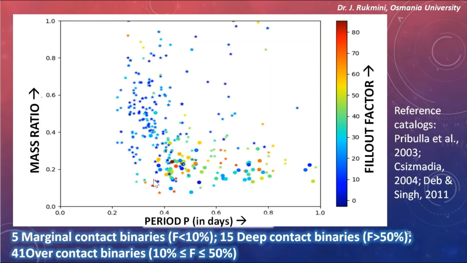The circles represent our objects here. Here we represent the third axis, fillout factor. Fillout factor will actually tell you what is the extent to which the two stars are in contact. So the more the fillout factor, the higher is the contact between the two components. Closer are the two cores of the stars with respect to each other.